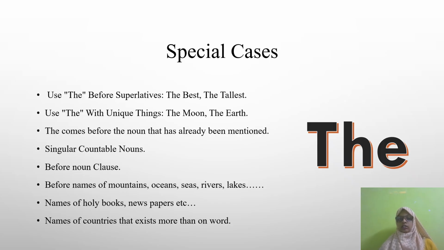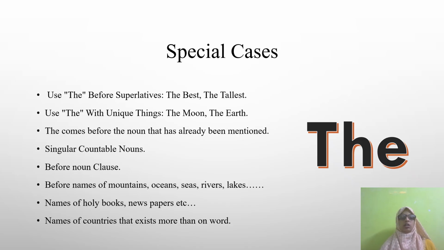Uses of the article the. Here we have some special cases. In English, we have the positive degree, comparative degree, and superlative degree. When we use superlative degrees in sentences, then we use the article the. The is used before unique things, and before nouns which have already been mentioned.